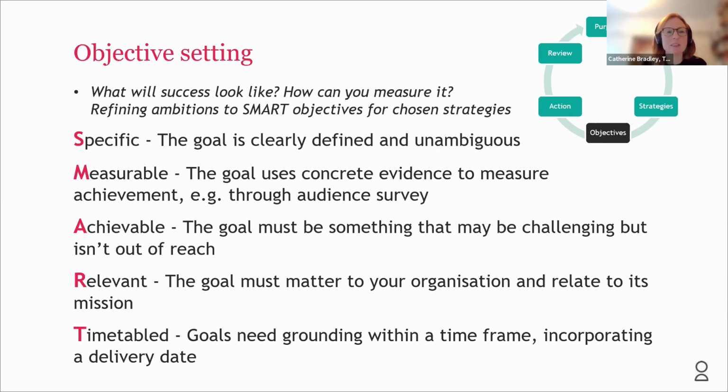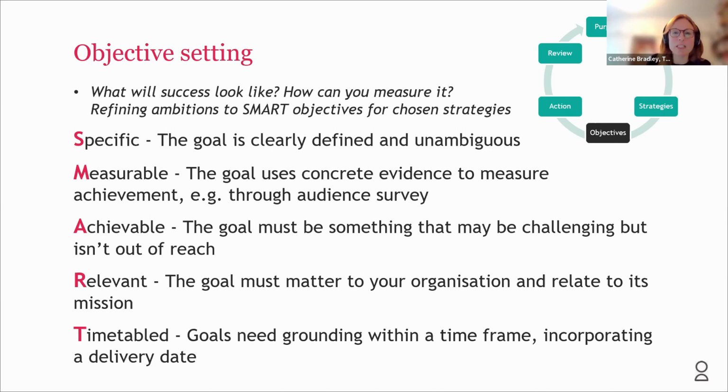So the S is specific: the goal is clearly defined and it's unambiguous. So really ensuring clarity across your organization, everybody knows what they're aiming for and what they're measuring. Measurable: the goal uses concrete evidence to measure achievement, so that you know that you can measure the success in that particular objective.